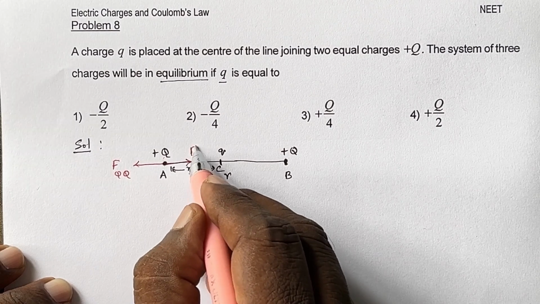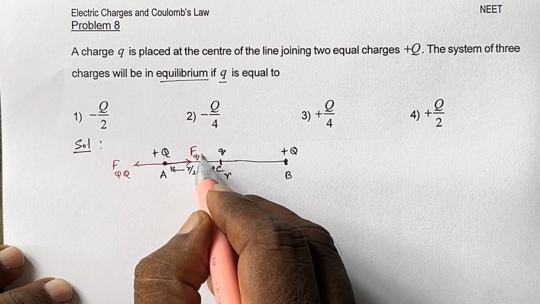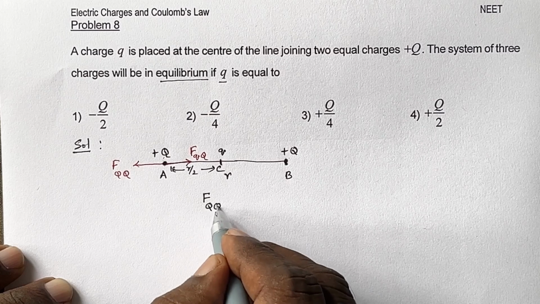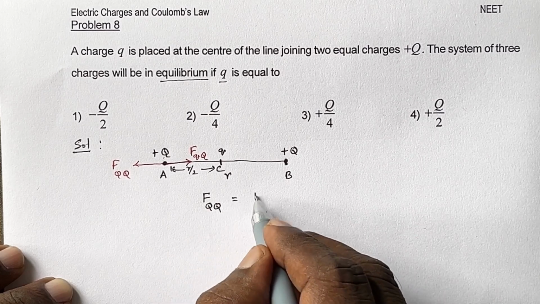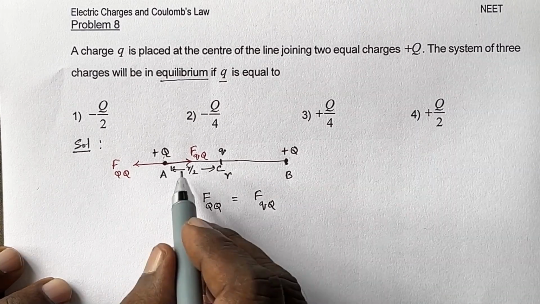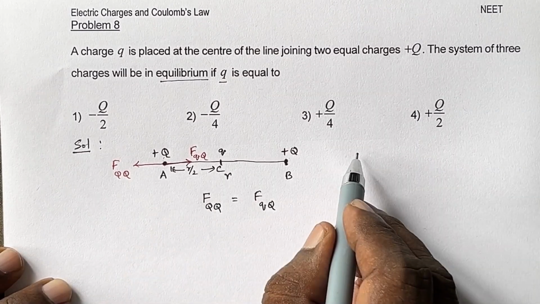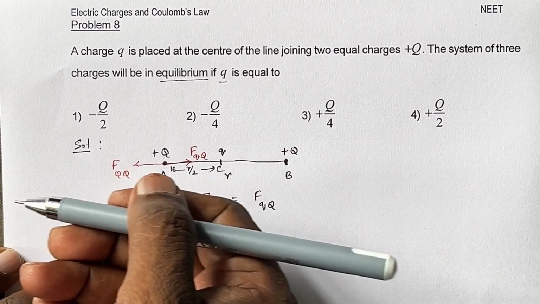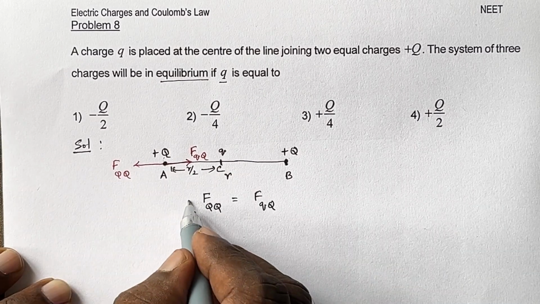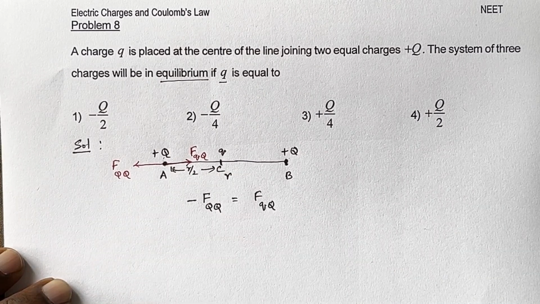So this is a force due to q and q. Force between capital Q and capital Q must equal the force between small q and capital Q. This q charge is in a positive direction. Force between q and q is in the opposite direction, so I will put some minus here.